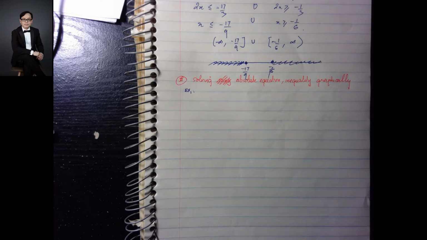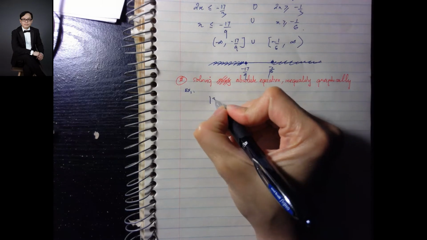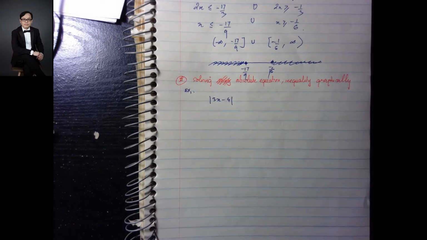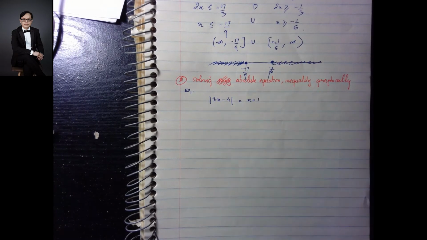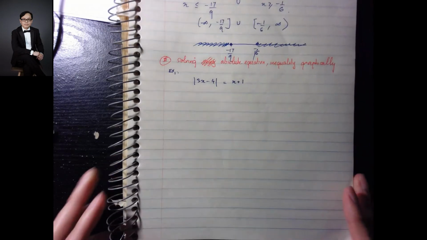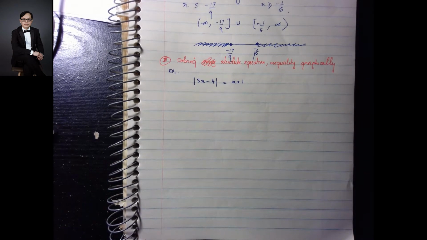Something like this: absolute value of 3x minus 4 equals x plus 1, for example. This is a simple form. This is in the first form already. It's very simple. We don't need to manipulate it to bring it back to the original form because it's already in the original form.